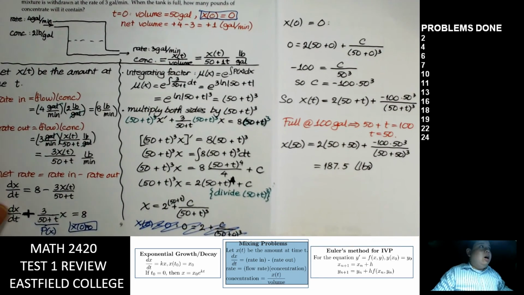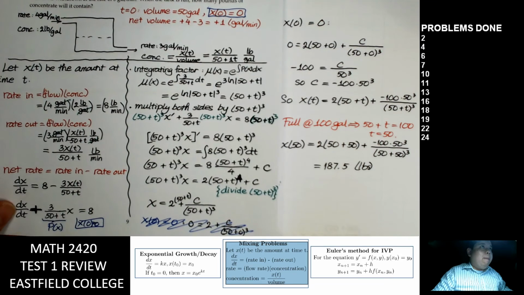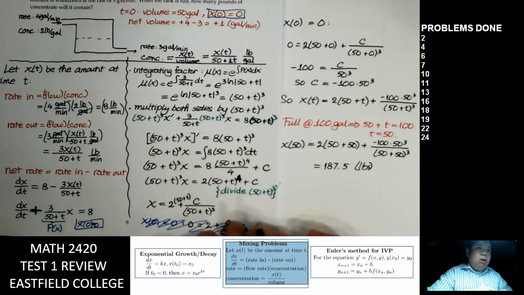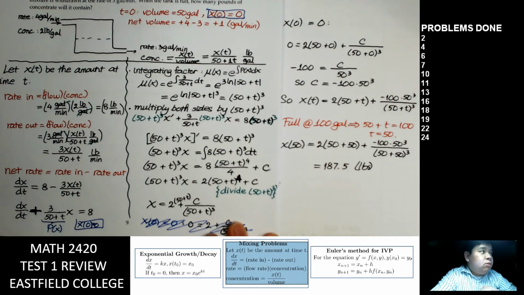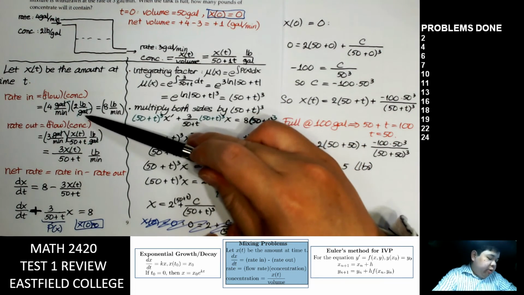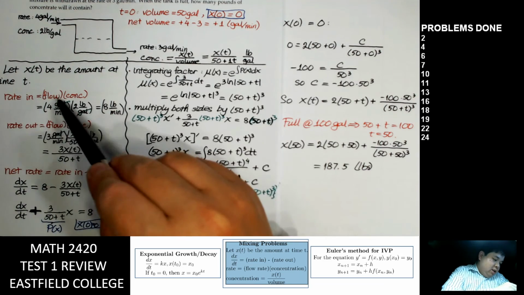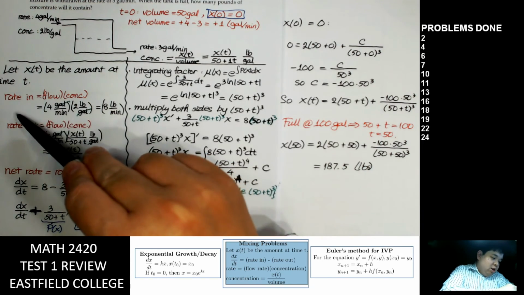Yeah. So that is a complete problem. Yeah, a bit complicated. But the fundamental of the mixing problem is we have a flow rate times the concentration give us the rate.